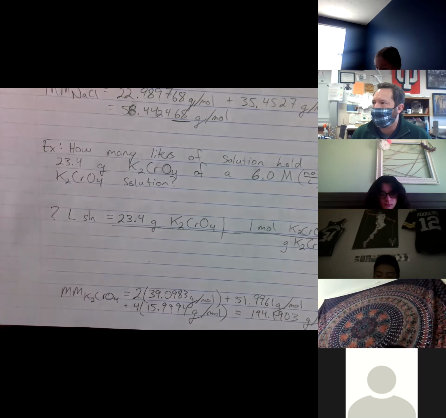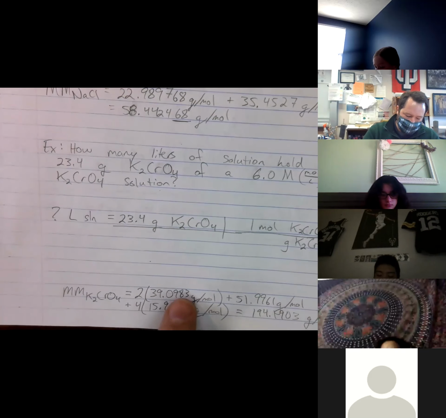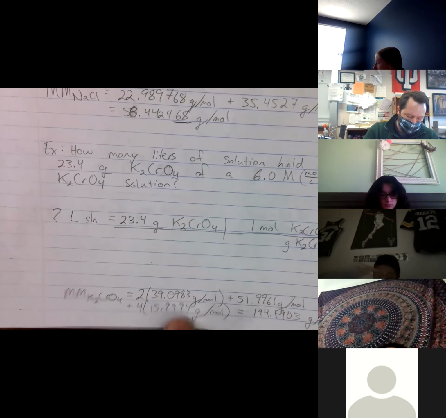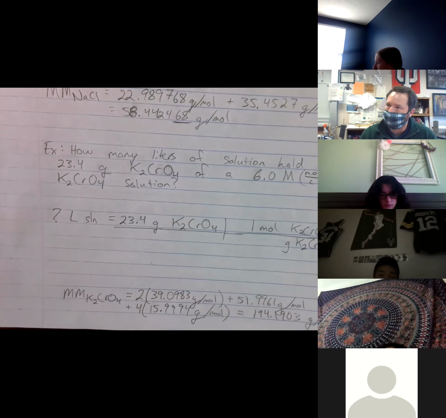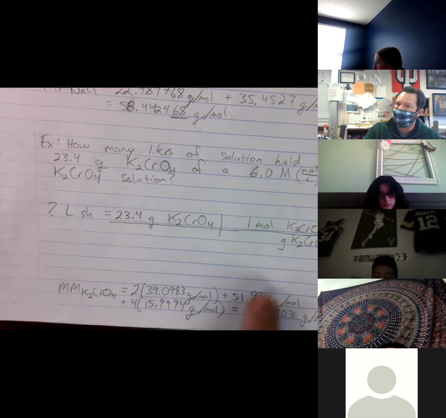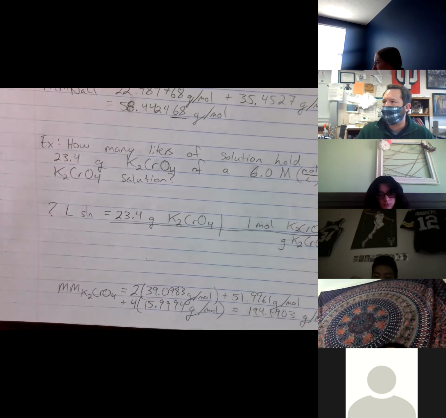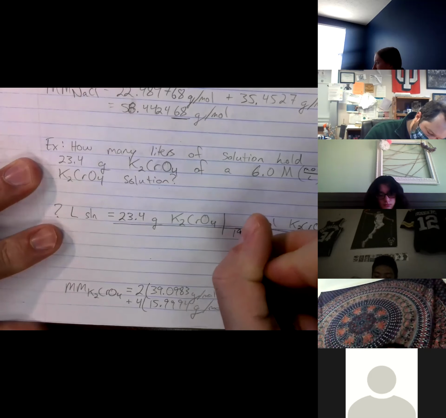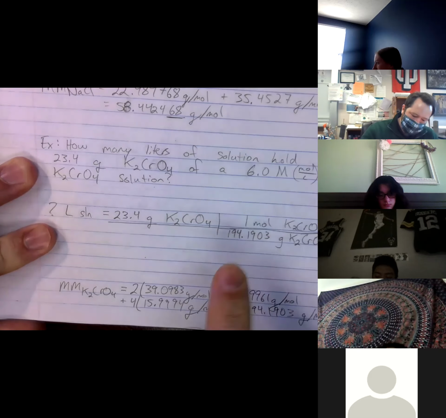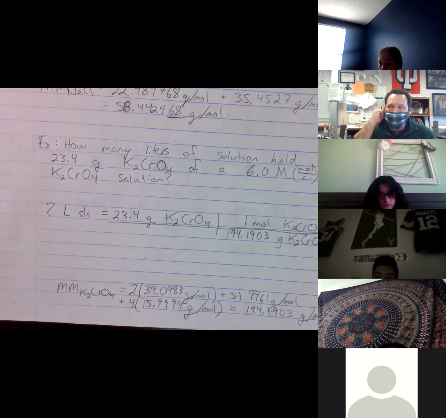Hey, again, I know they're probably almost certainly not going to be important, but good to get the practice in. Significant digits, we went 4 past the decimal, 4 past the decimal, 4 past the decimal. It's an addition problem. So it matters how many places past the decimal we go. And our answer only goes 4 past the decimal. How about that? 4, 4, 4, and 4. We're good. No underlining, no extra digits. We got the exact number of digits we need. Sweet. Doesn't happen very often, does it? There's our mass per mole.